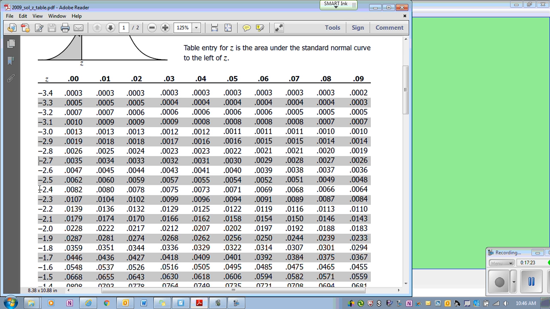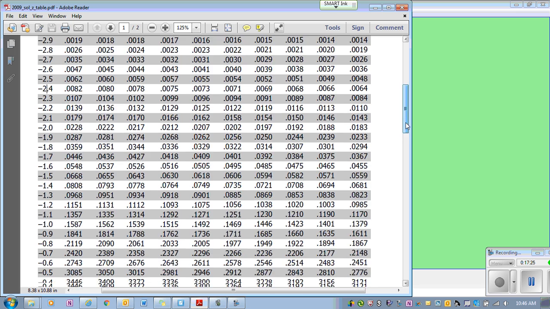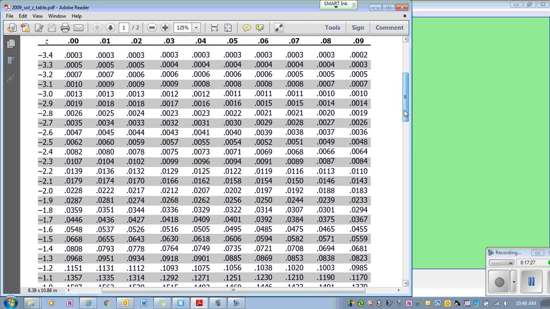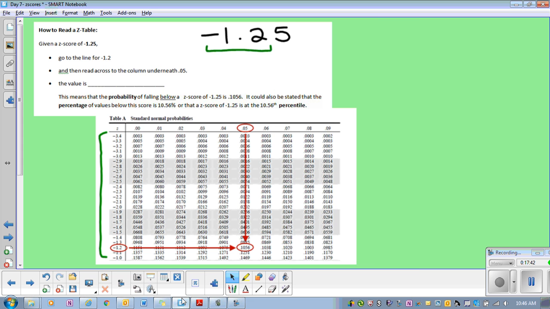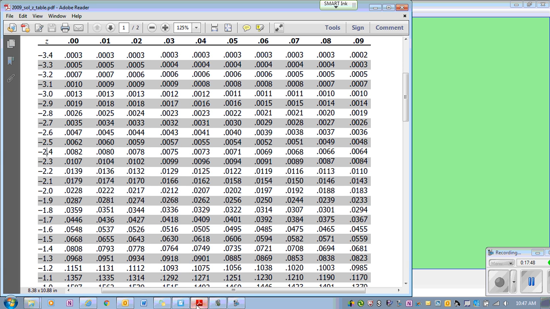All right, so let's see. Negative 1.2, you see that right there? What is the second number after the 2? Negative 1.25, yeah? So pay attention, stay with me.